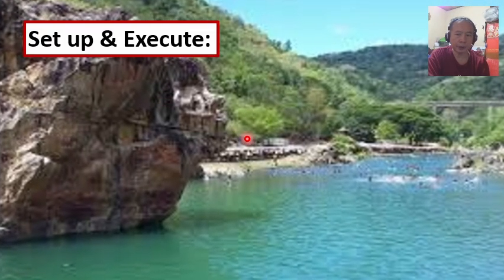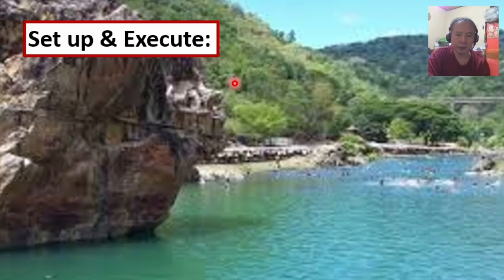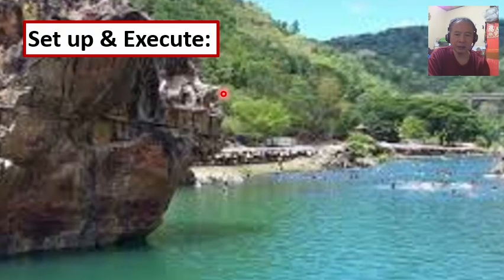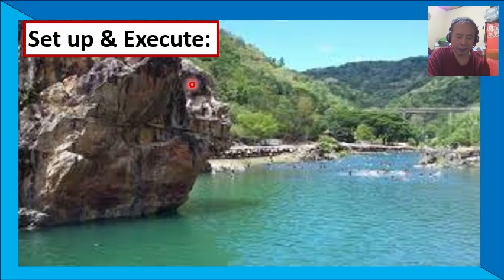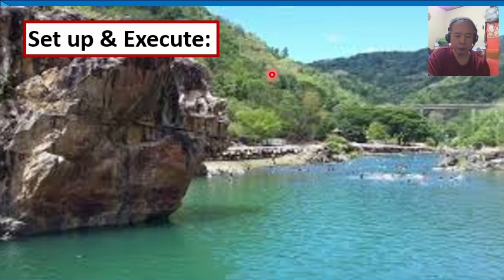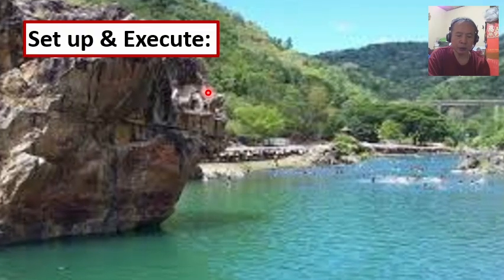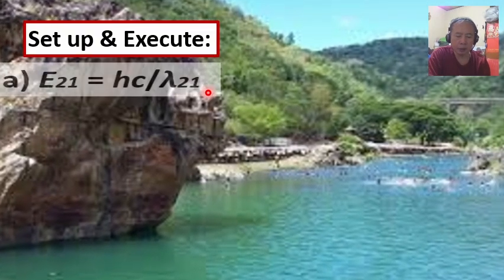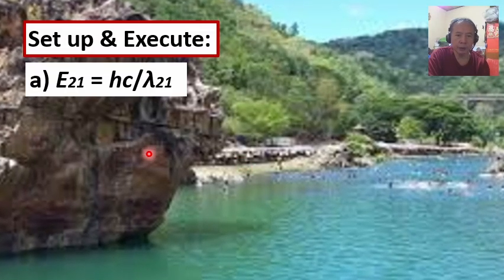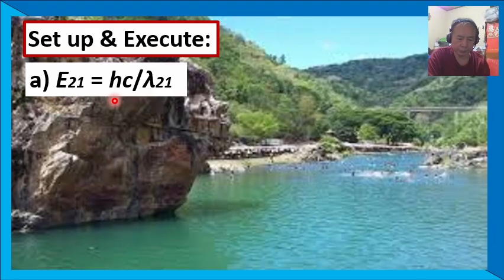The other target variable in part A is the energy corresponding to the second excited level relative to the ground level, or E sub 20. But before that, we first compute the photon energy E sub 21, right?